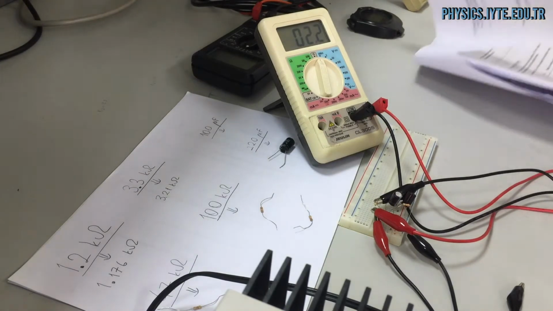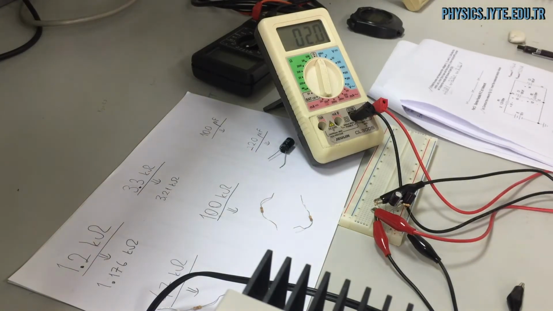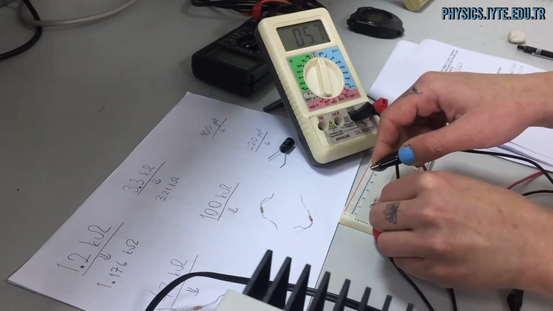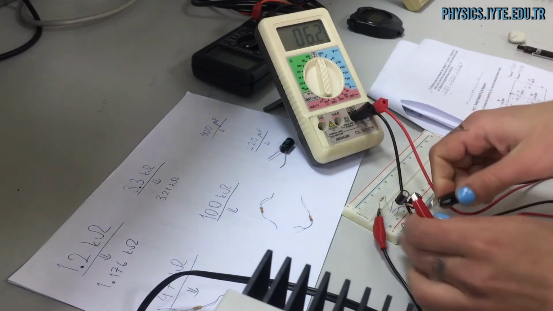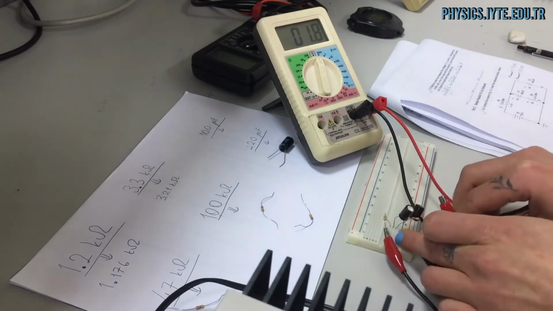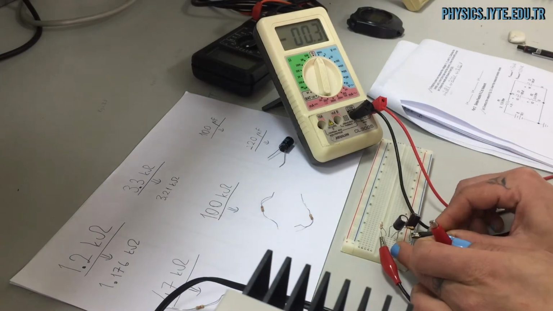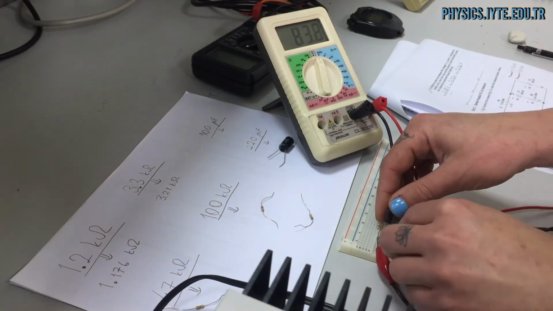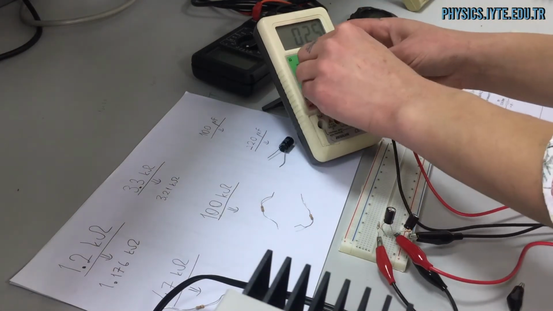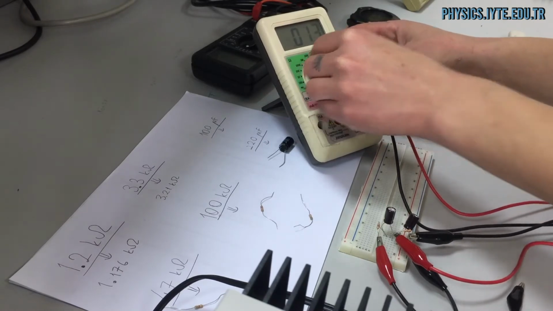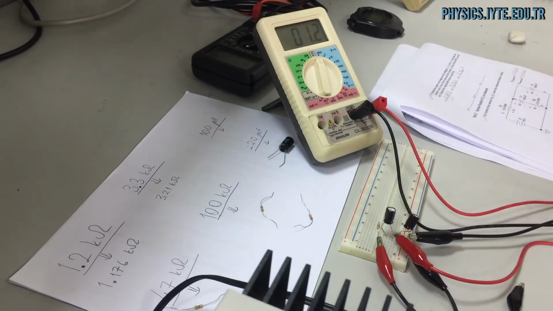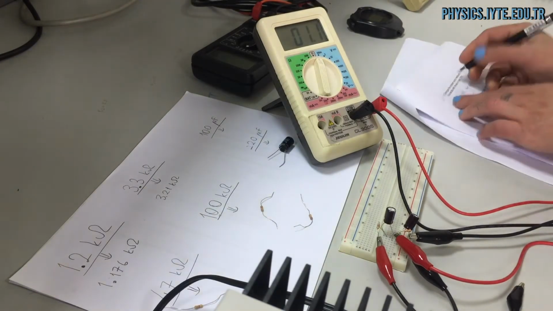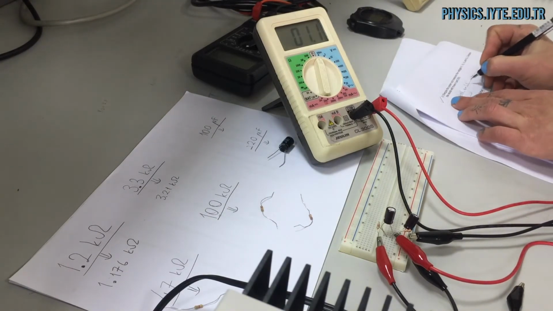For the second voltage value, we will measure the value on the second resistor, for which we can write 1.1 millivolts.